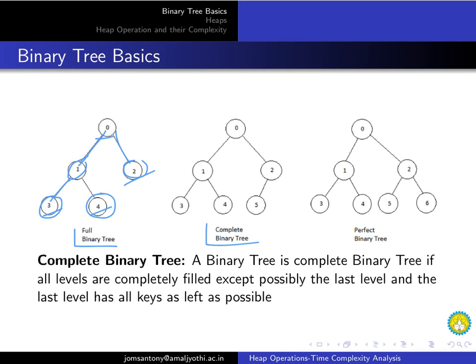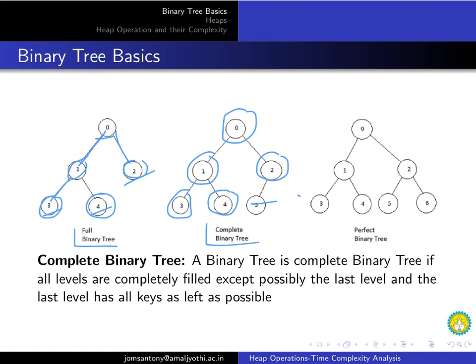This means that we will be filling a complete binary tree from top to bottom, left to right fashion, which means we will be initially filling up the root node, then we will be coming to the left side, then we will be moving to the right side of that level. So that level is completed, and then we will come to the next level. We will fill this up, and so on.